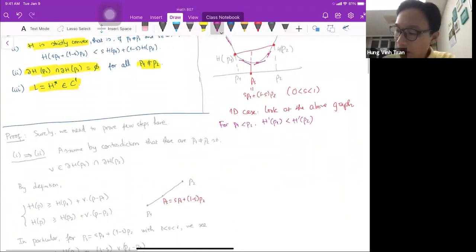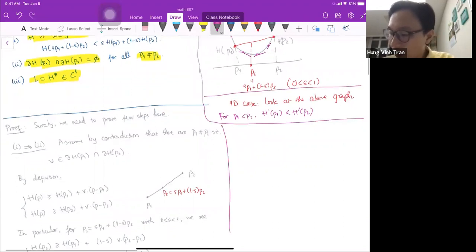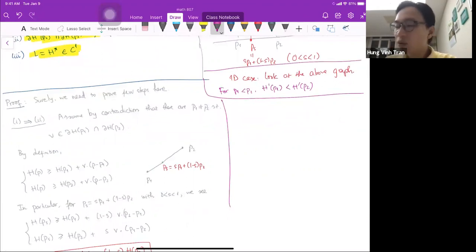Okay. So now let's do a proof of the result. As always, when we prove equivalent claims, we try to find ways to prove this one implies the other, and so on and so forth, in a circular way so that everything is equivalent. The first thing we prove is that one implies two.